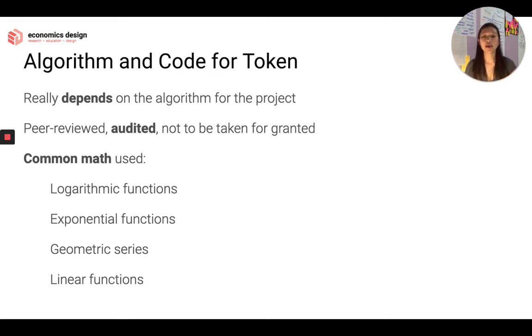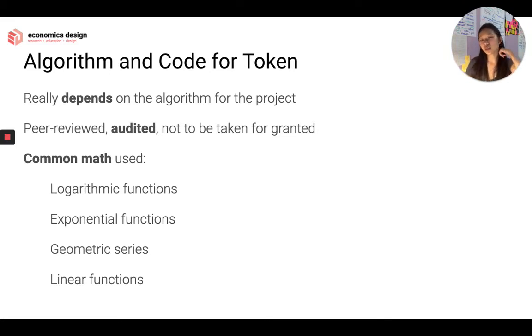So it really depends on the algorithm of the project. And something very helpful is usually when it's peer reviewed, when the code for the token, the code of the token designer or the engineering aspect of the token is being audited and things are not taken for granted.